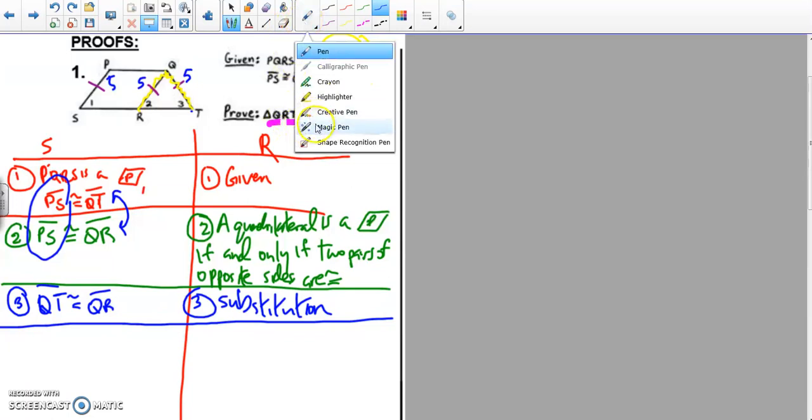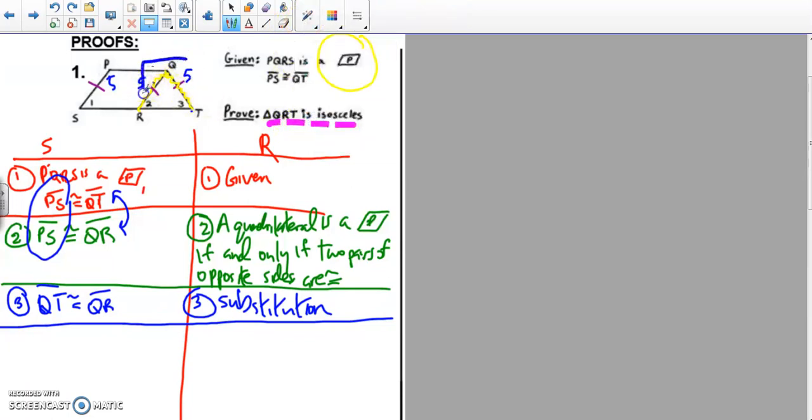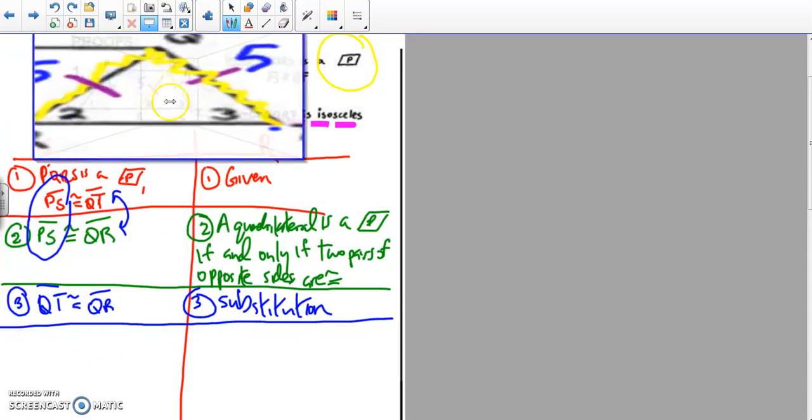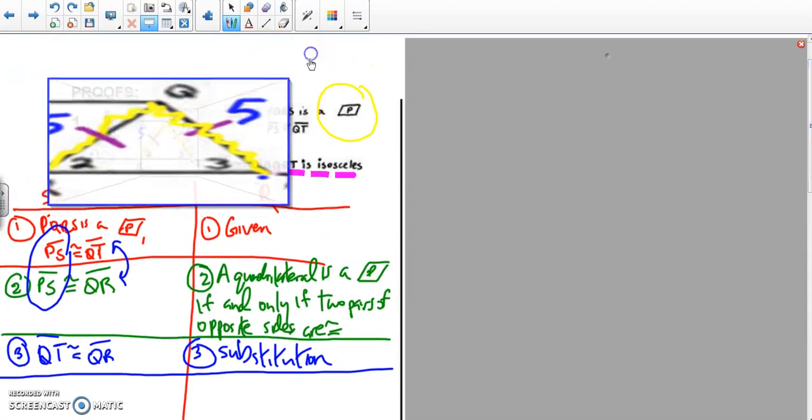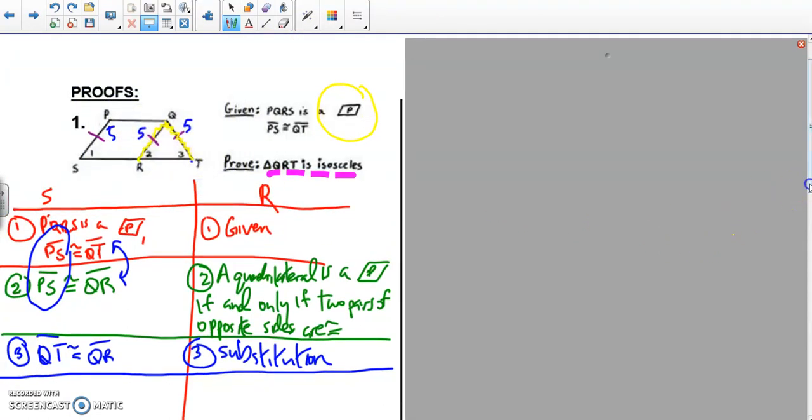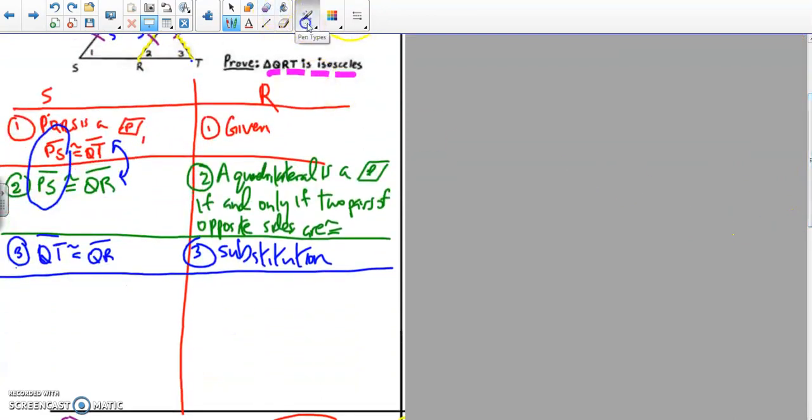If I just zoom in right here on our side of our trapezoid, that triangle is definitely isosceles. We were able to prove that those two sides were congruent, which makes it an isosceles triangle. So we're done. We can now say for a fact that triangle QRT is isosceles.